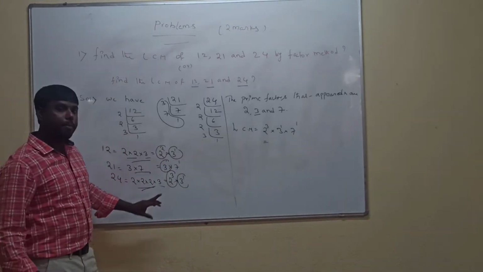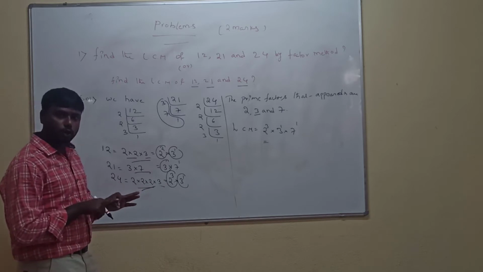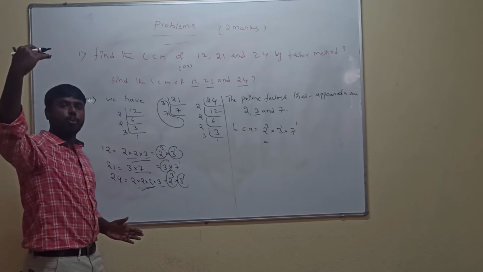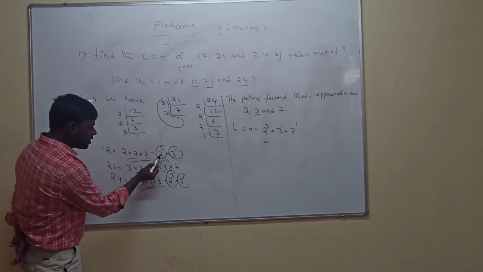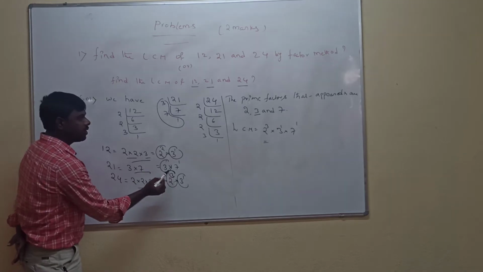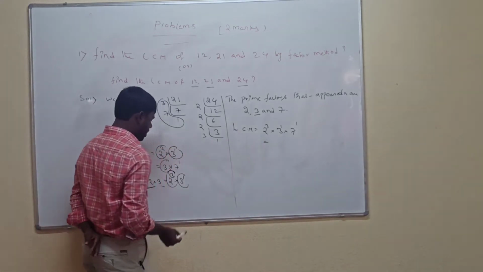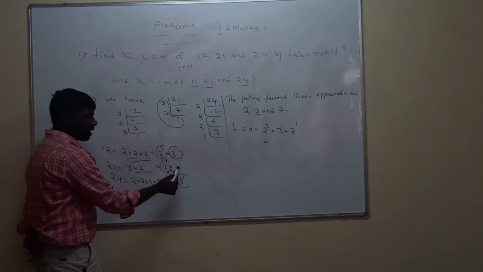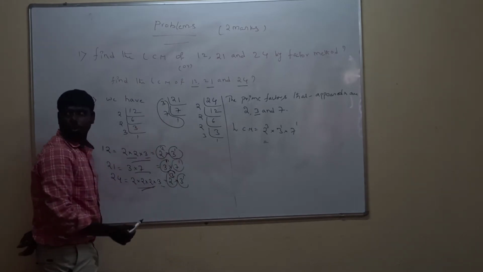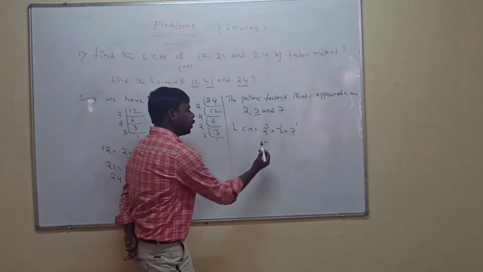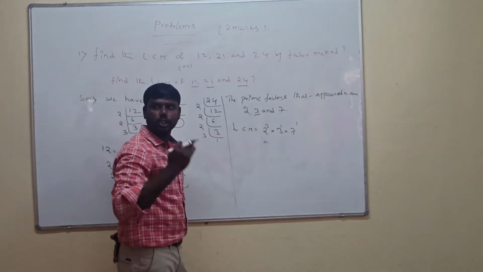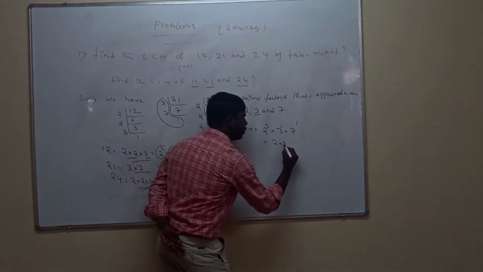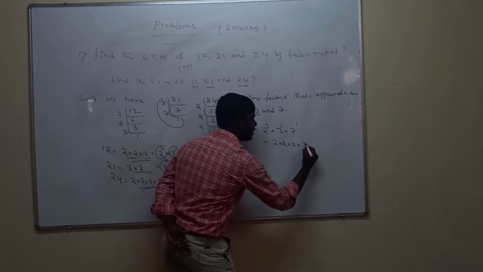Only these 3 elements appear: 3, 2 and 7. 2 is appeared, and its highest power is 3, so 2 cube. 3 is appeared, and its highest power is only 1, so 3 power 1. 7 is appeared, and its highest power is 1. Now 2 cube can be written as 2 into 2 into 2, and 3 power 1 is 3 only.